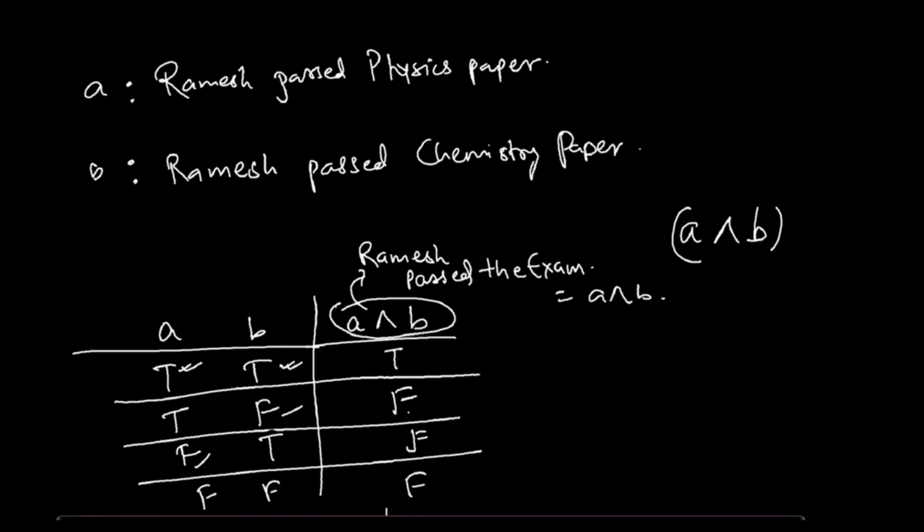One more thing, in the examination, listen to this very carefully. In the examination, you should go with the truth values of the propositions and the operators connecting those propositions, not what the English statement sounds like, because this is the silly mistake people tend to make in the examination.